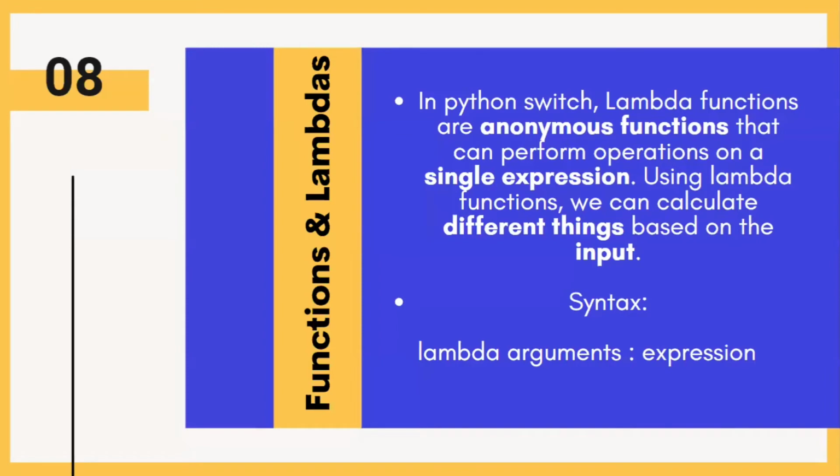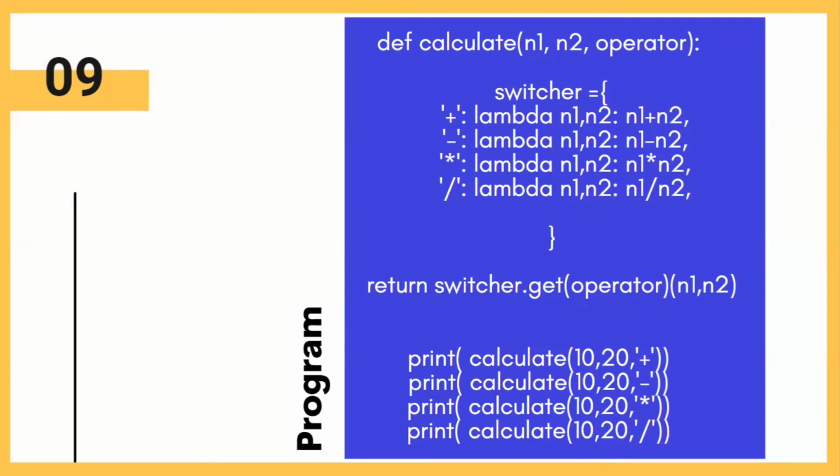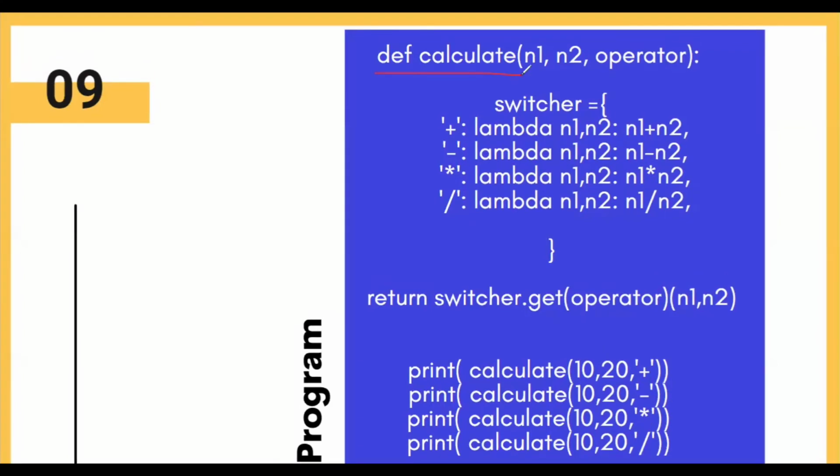Now let's see the next method, which is functions and lambdas. This is the syntax for the lambda approach: lambda, pass the argument, and then you write the expression. Here we are going to perform arithmetic operations. Similar to the previous program, here we are going to define a function named calculate.